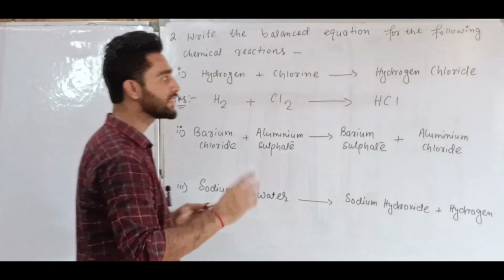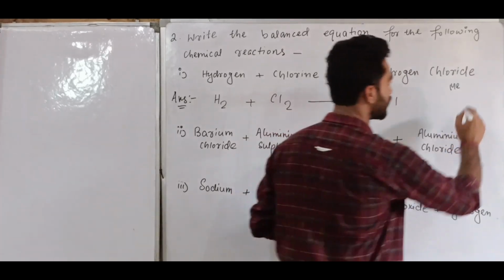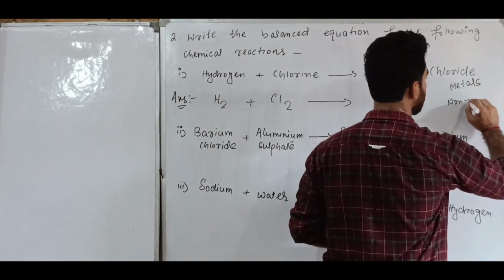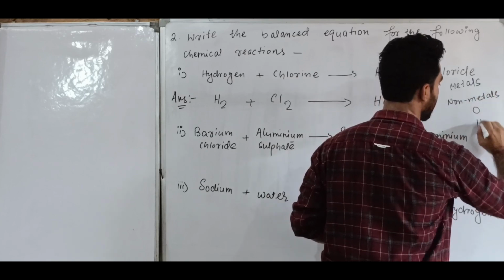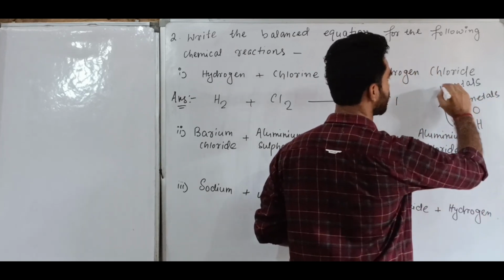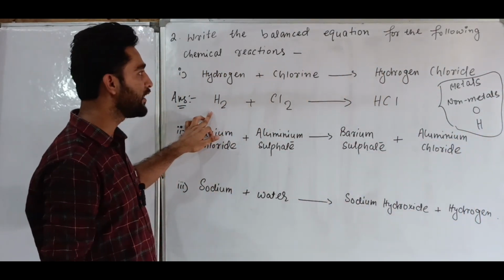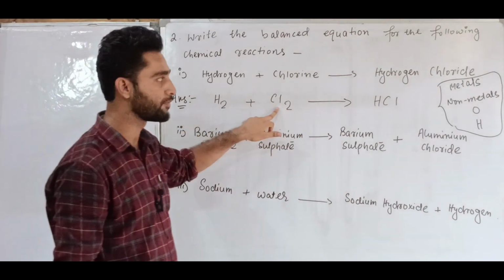So now what was the trick I told? Whenever we are balancing the chemical equation, first try to balance the metals, then try to balance the non-metals, then oxygen, and at last try to balance the hydrogen. This is the trick. Now here you see, metals are not there, hydrogen also non-metal, chlorine also non-metal.